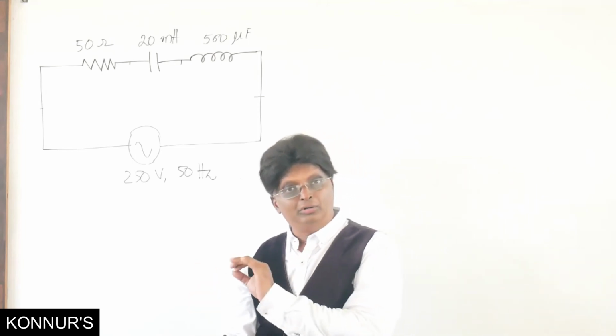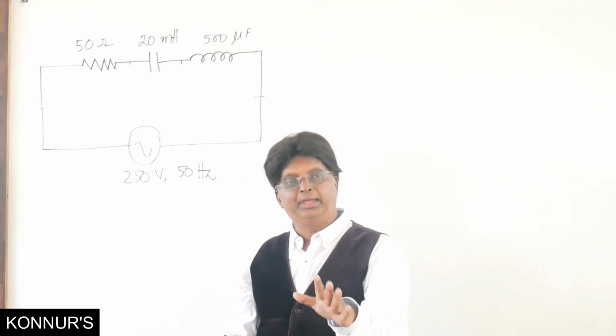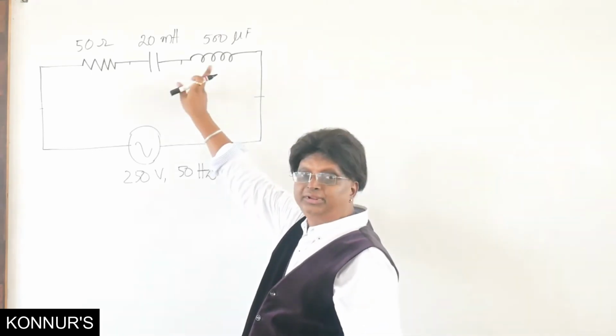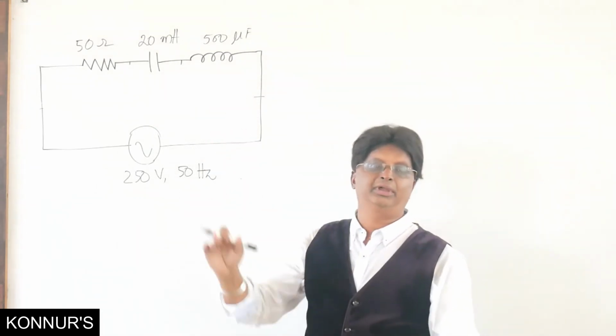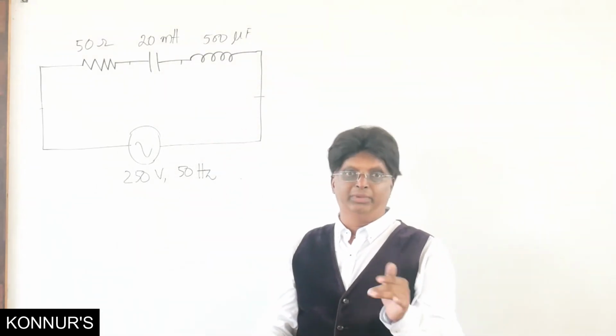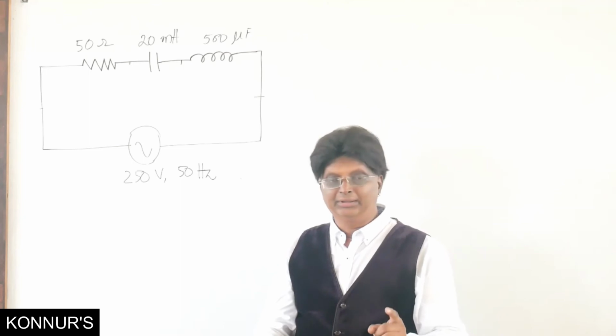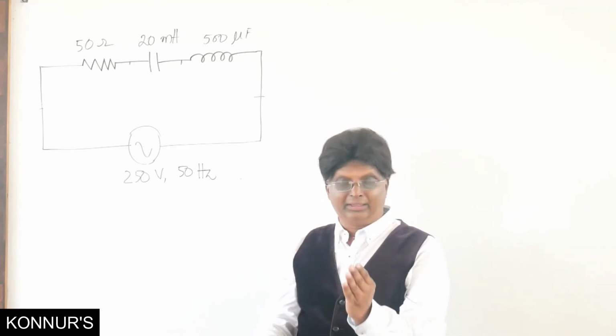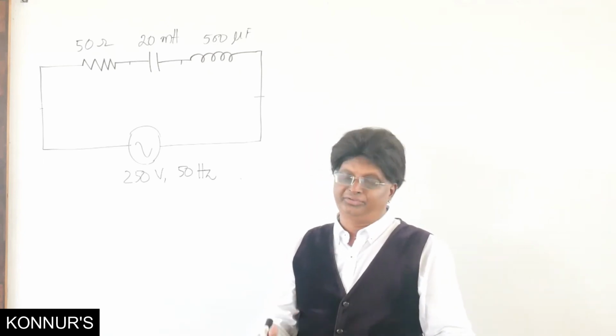So using all those simple formulae, direct substitution. Here L is there, therefore it is XL, omega times L. C is there, 1 by omega C becomes XC. Such that we'll compare whether XC or XL is greater. That will tell you.